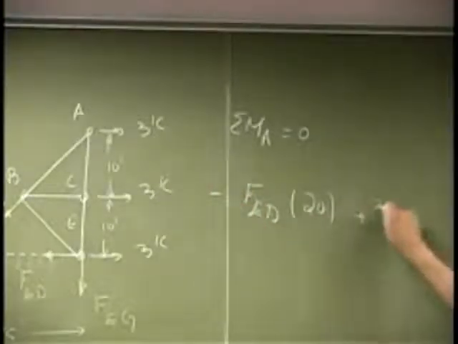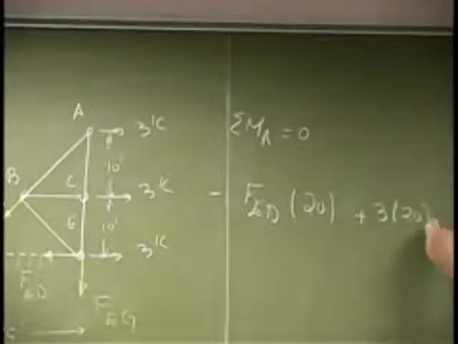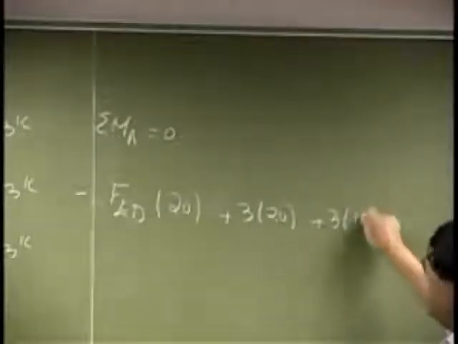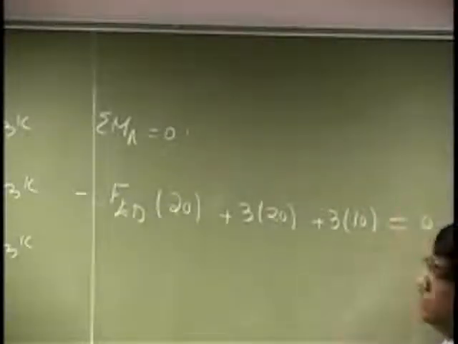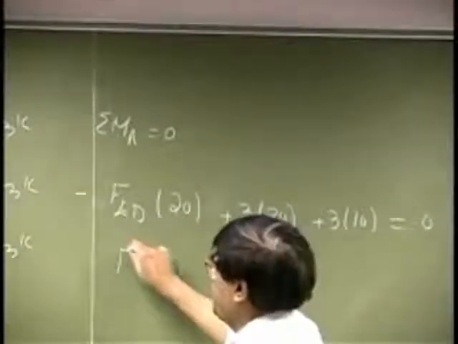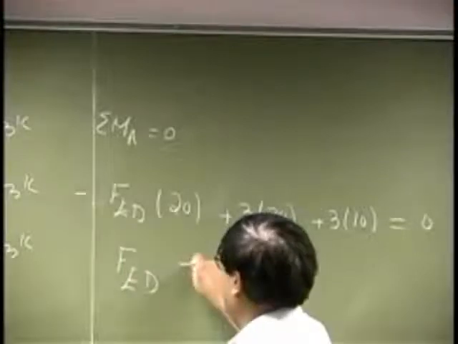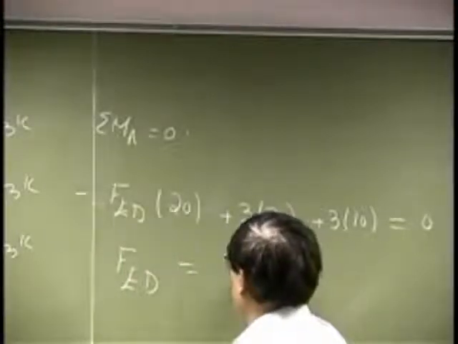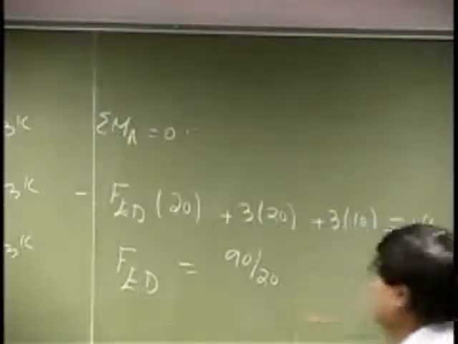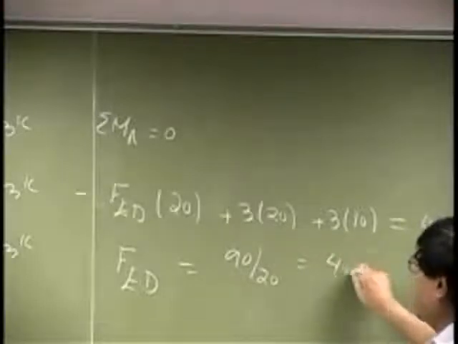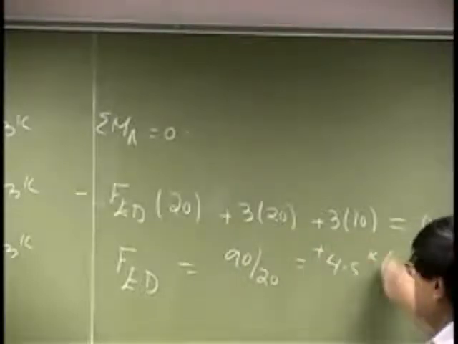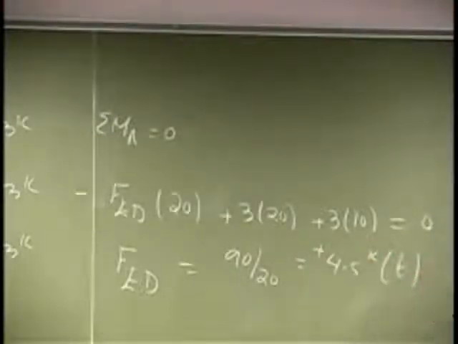Then we have 3 times 20, that's counterclockwise, so positive. Another 3 times 10, and that goes to 0. So you get FED as 90 over 20, or 4.5 kip, came out positive, remains in tension.